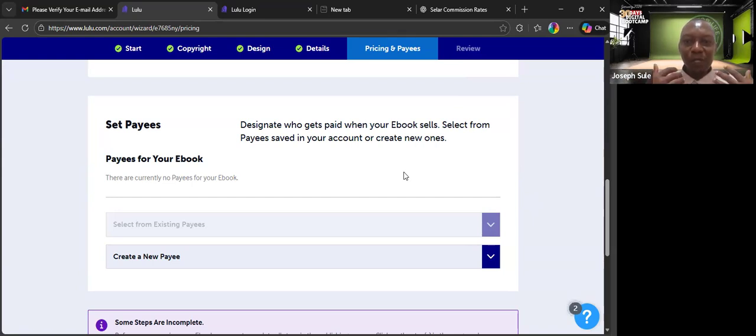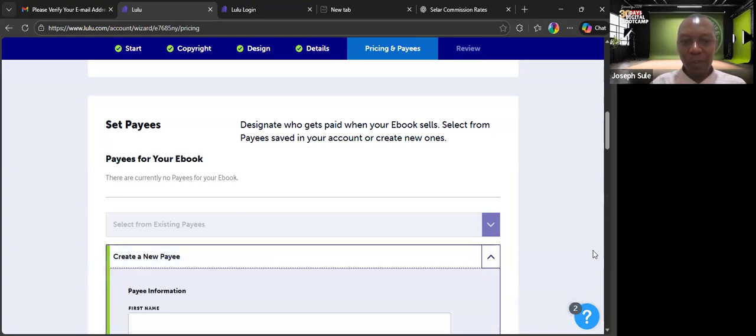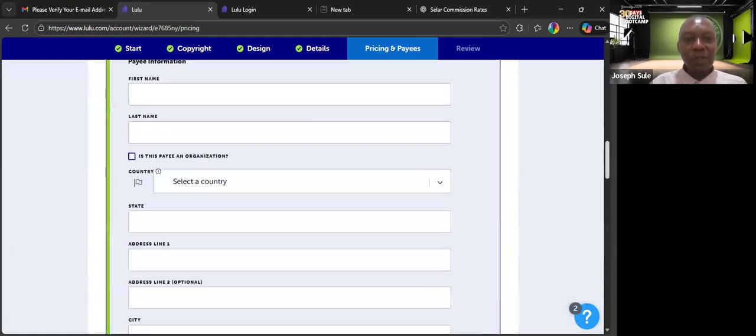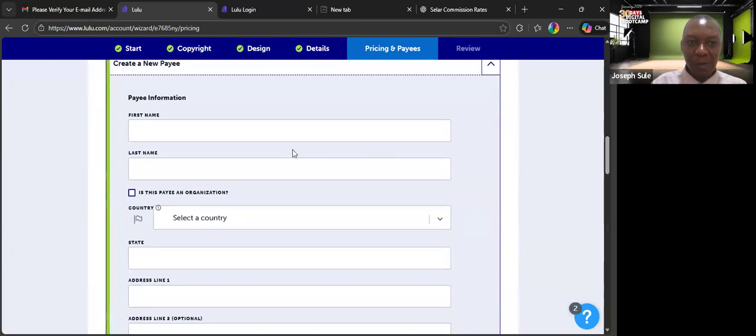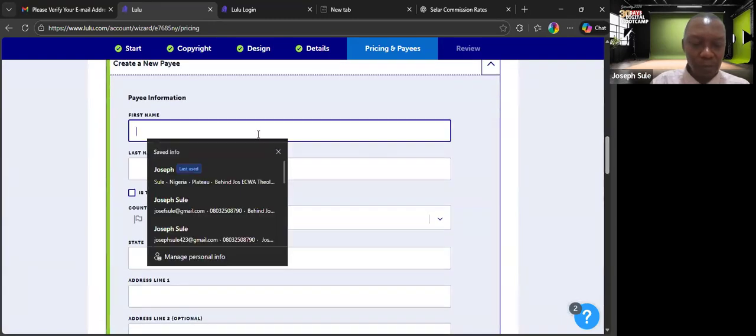If you put my information here, then it means anytime the doctor makes a sale, I'm the one who will get the money. And it's saying currently there are no payees in this ebook project that I am creating. So I'm going to create a new payee. Now, as soon as I click new payee, it will ask me for information regarding this payee. What's his first name?